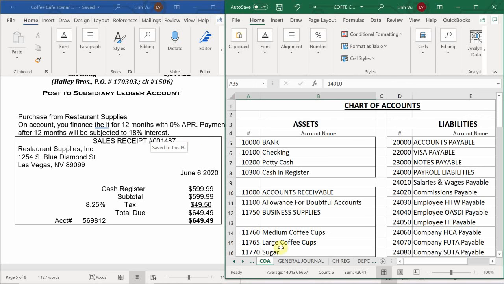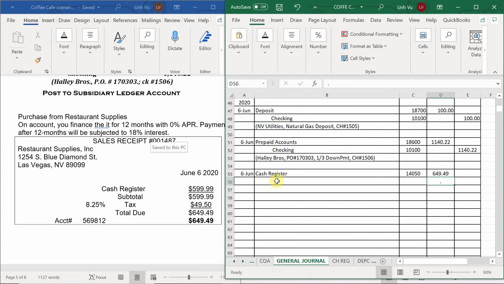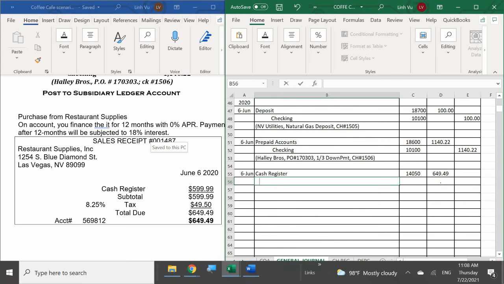All right? Okay. So this is account number 23,000. Okay? Because it's still going to be that I owe them on an account. That's correct. And this one, I'm going to make monthly payments to restaurant supplies.